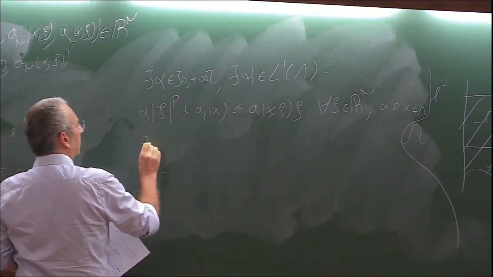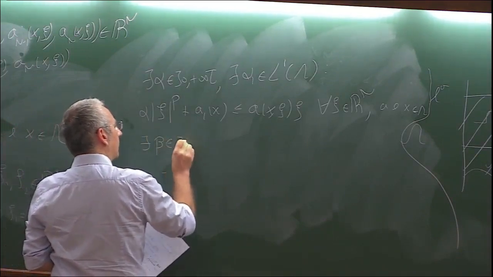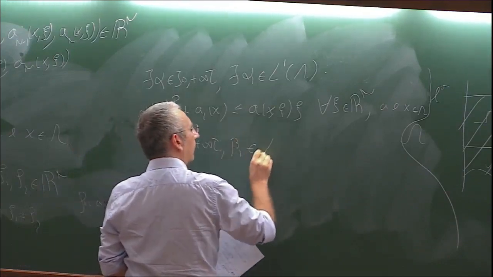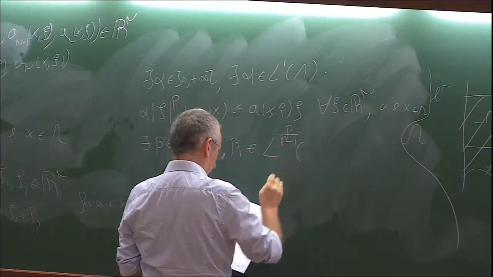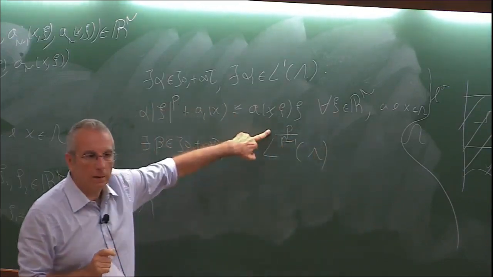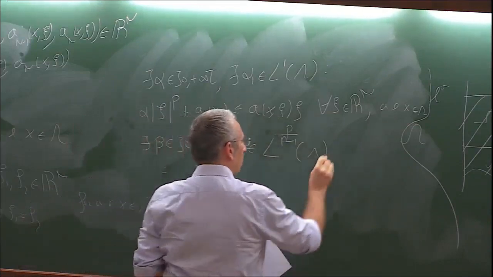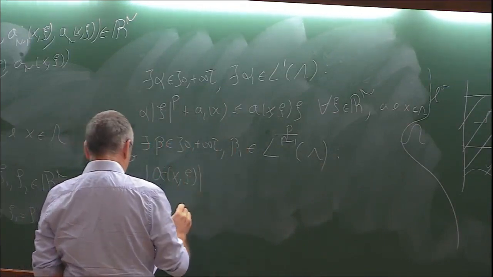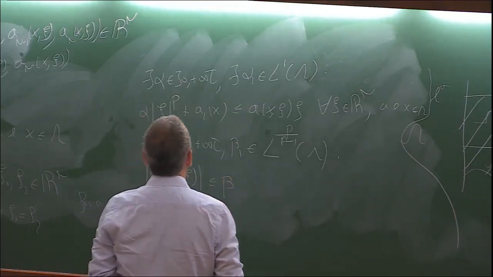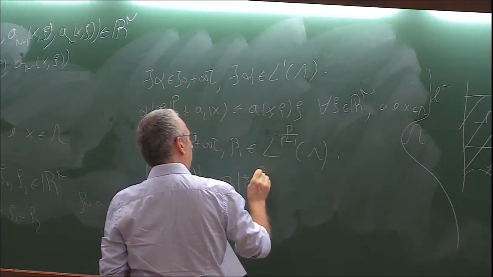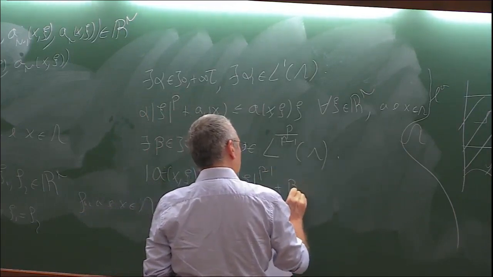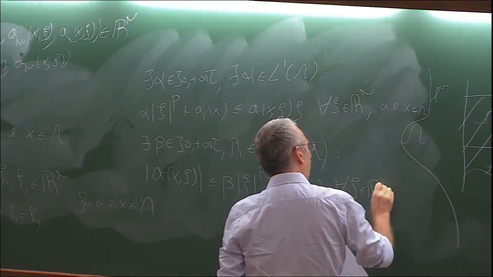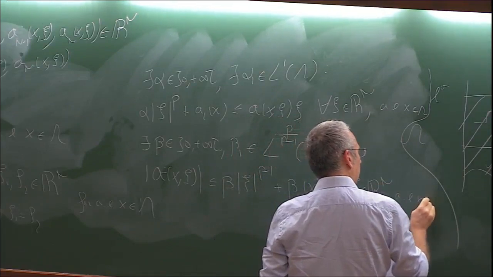That there exists beta in (0, plus infinity), beta 1 in L^{p'} of omega, where p' = p over p minus 1 is the conjugate exponent of p, such that the modulus of A of x, c is less than beta modulus of c to the power p minus 1 plus beta 1 of x for every c in R^n, almost everywhere x in omega.